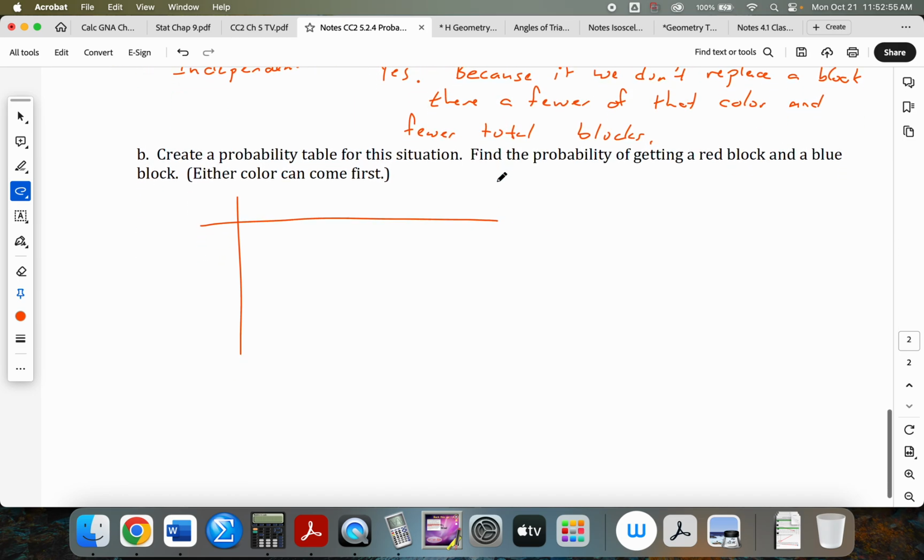Red, blue, green, and yellow? And I'll say that's draw 1 and this is draw 2.